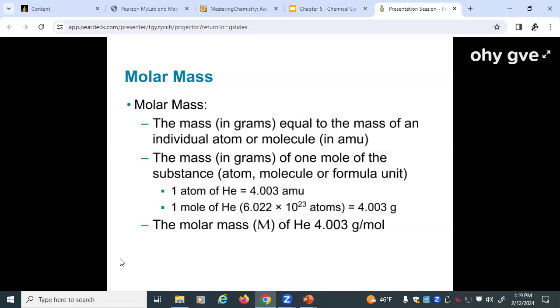So 1 mole of helium weighs 4.003 grams. 1 mole of carbon weighs 12.01 grams. 1 mole of chromium weighs 51.996 grams. All I need to do is look at my periodic table, whatever that value is in there for mass, that is the mass of 1 mole of that element.